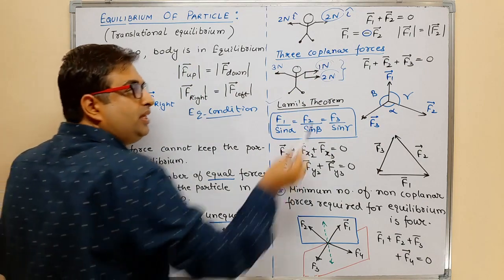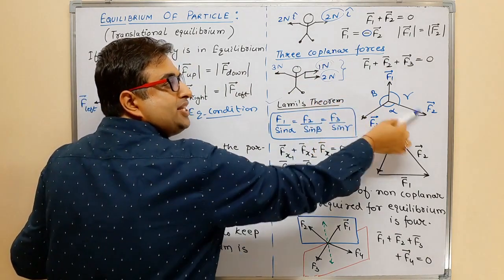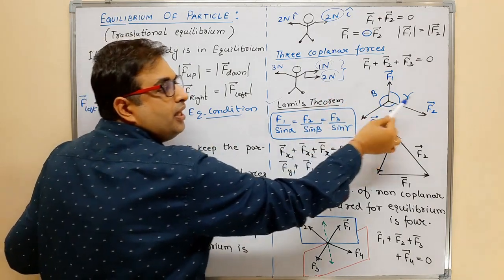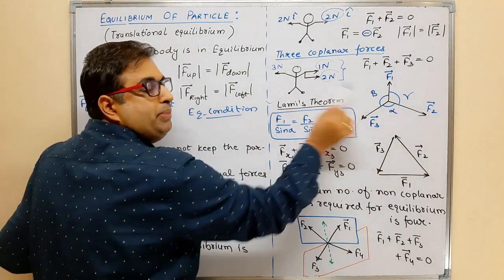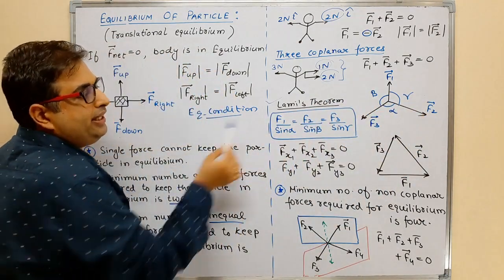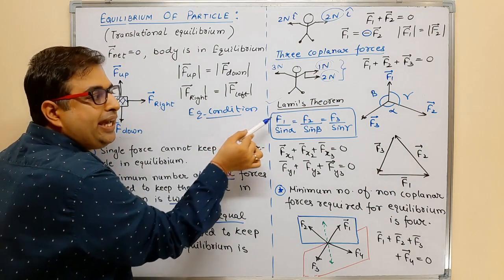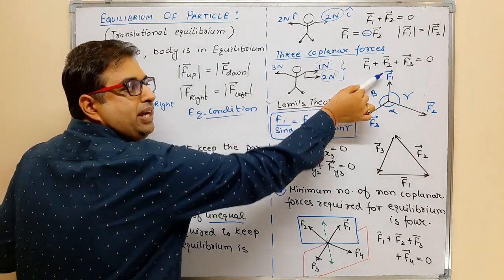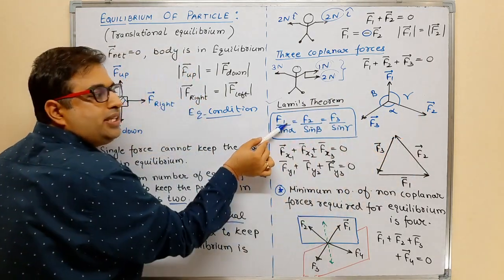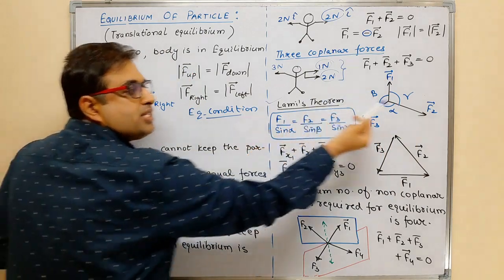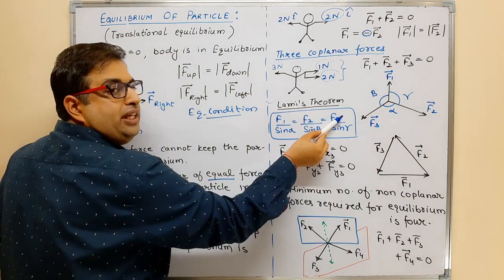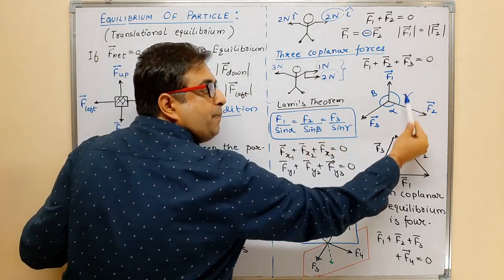According to Lami's Theorem, if 3 forces are acting in this way such that the opposite angle of F1 is alpha, opposite angle of F2 is beta, opposite angle of F3 is gamma, then according to Lami's Theorem, F1 by sine alpha, F1 by sine of opposite angle, means angle between F2 and F3, is equal to F2 divided by sine of opposite angle, that means beta, is equal to F3 divided by sine of opposite angle.